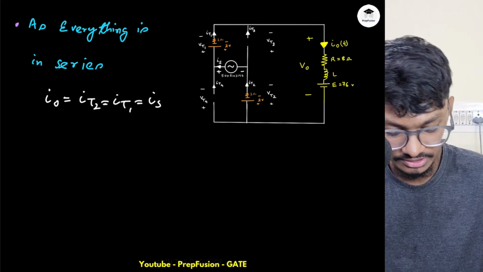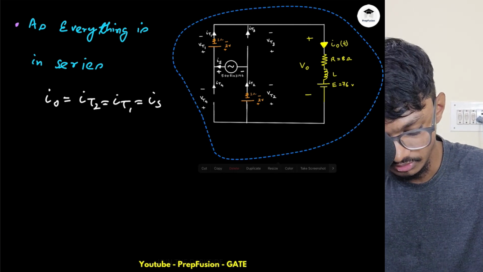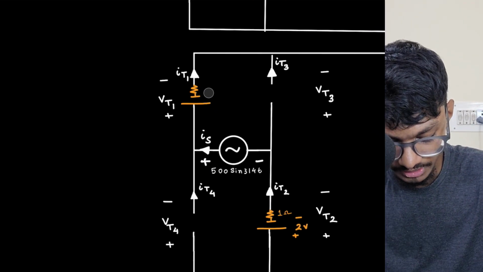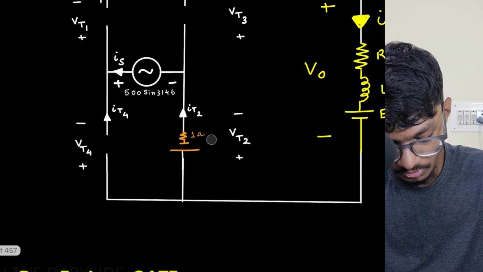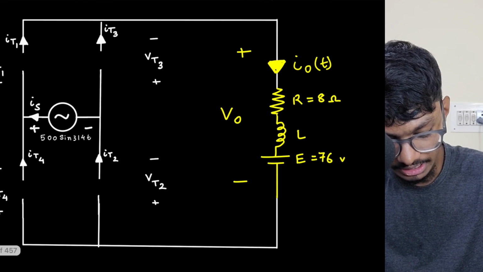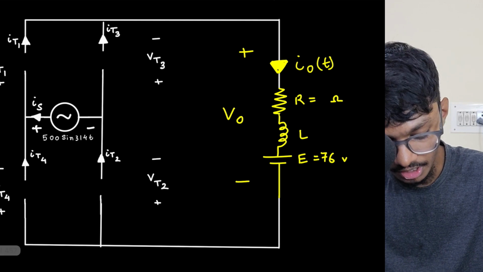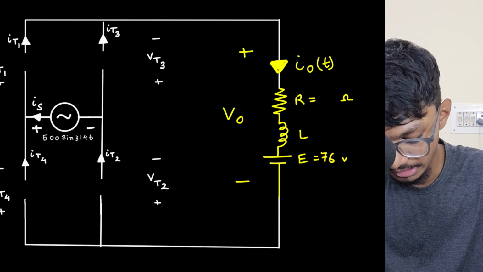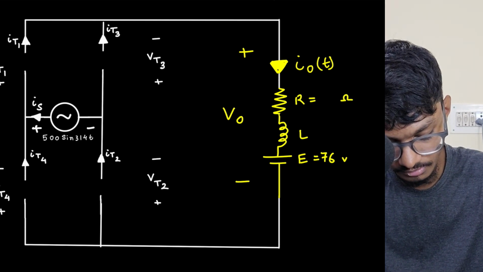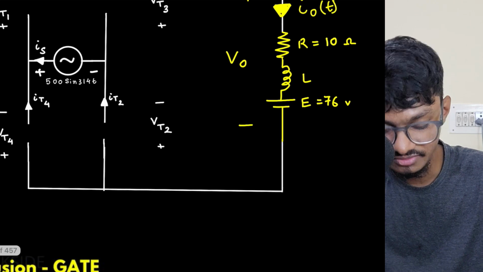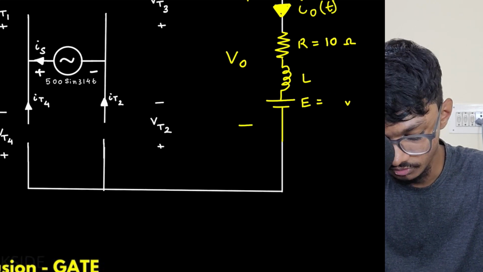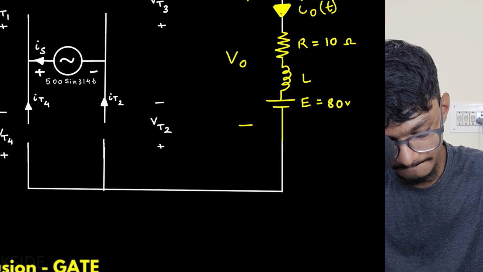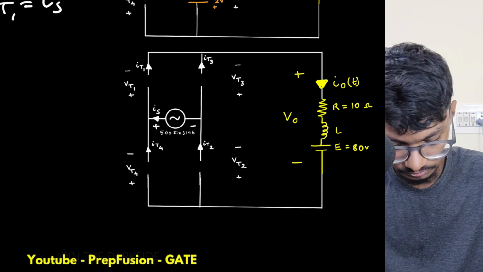So if everything is in series, I can make the switches ideal, but add the voltage drop to the battery voltage E and to the resistance R. Each SCR had 1 ohm, so R will become 10 ohms, and each voltage source had 2 volts, so this will be 80 volts. So 80 volts and 10 ohms.